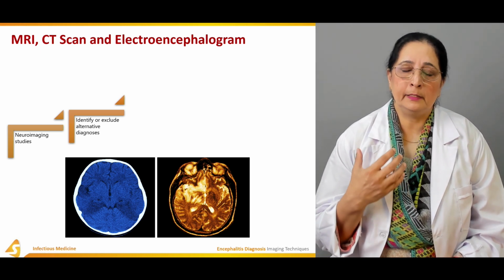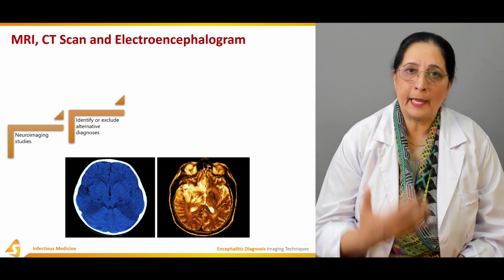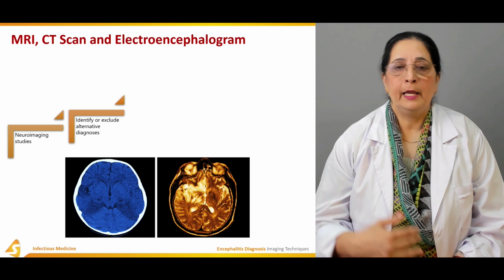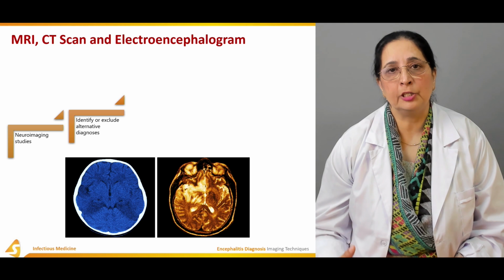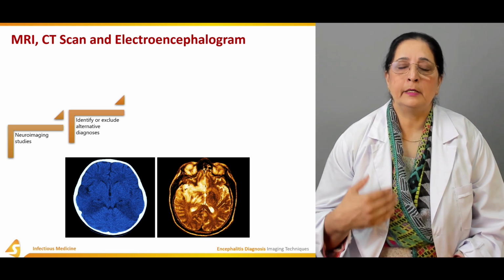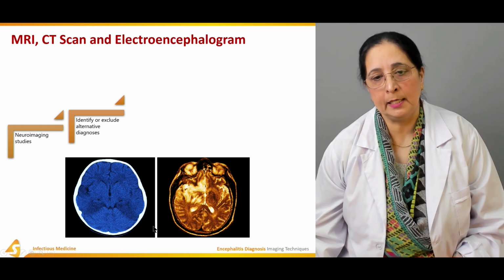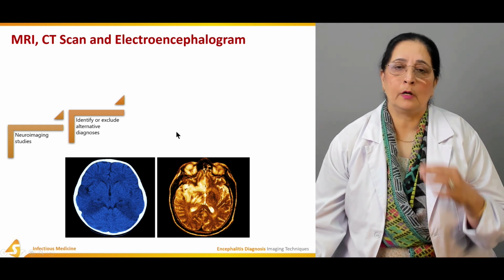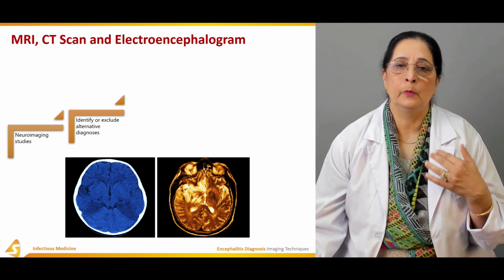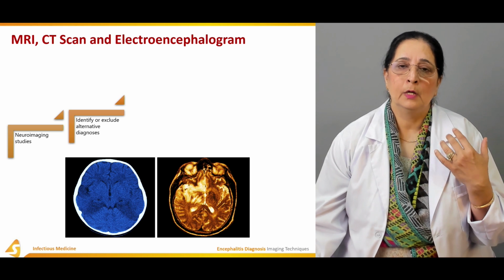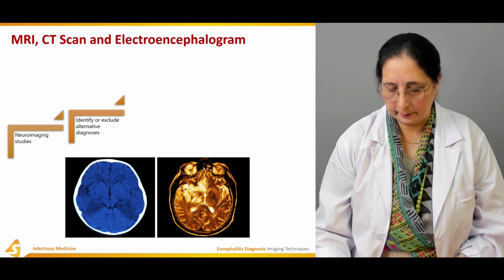These imaging techniques are helpful in the actual diagnosis of the condition, in excluding the other conditions which can be in the differential diagnosis, or as further confirmation of the diagnosis that is already made. So it's very important, all these imaging techniques that help us to further confirm the diagnosis that is made.